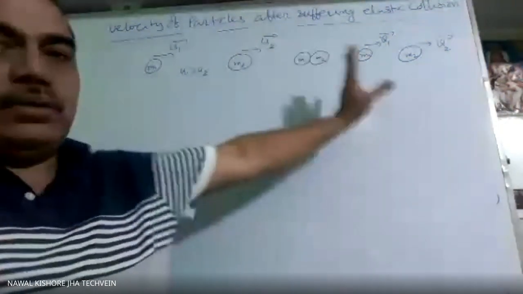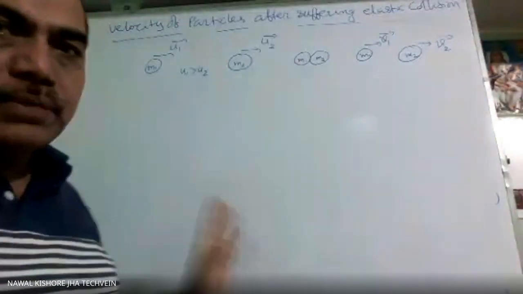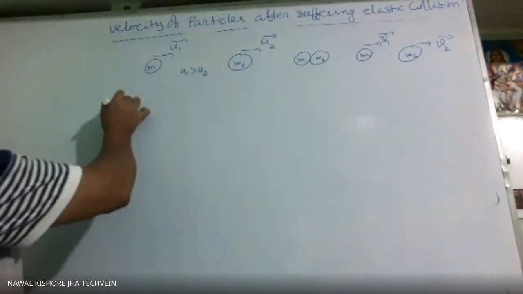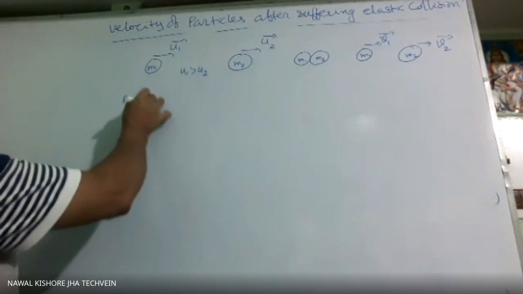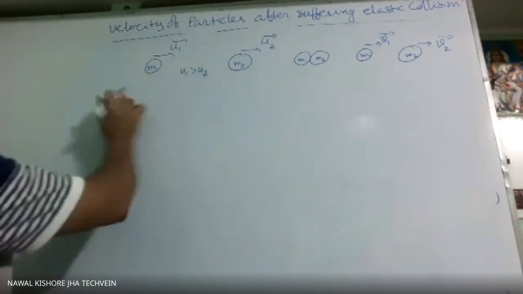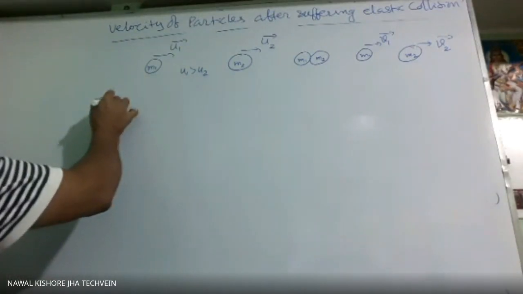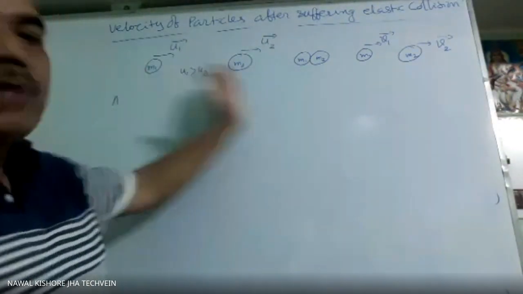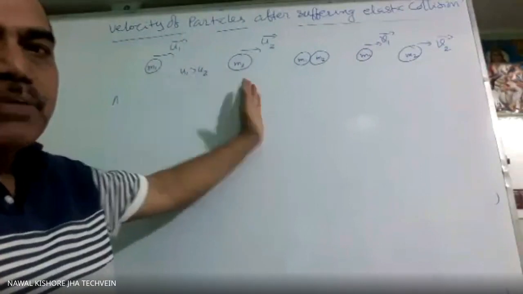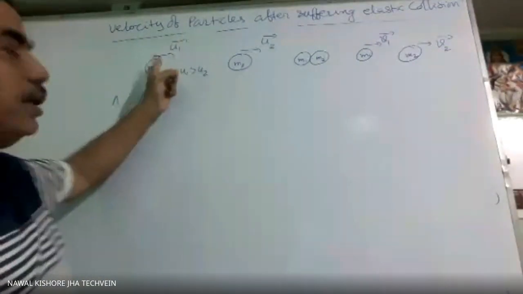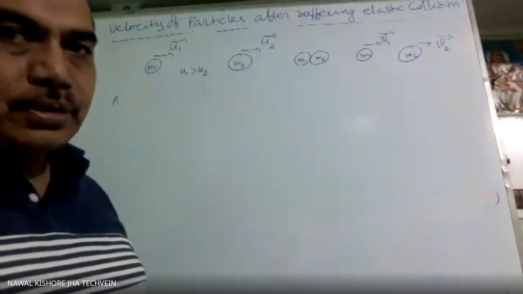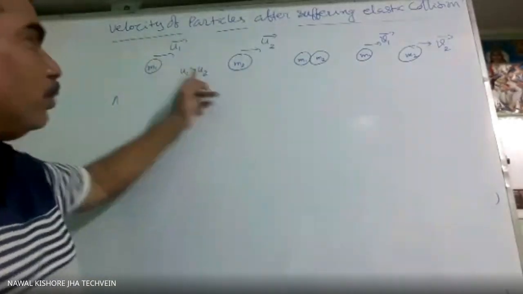So one law, the law of conservation, is valid. Applying the law of conservation of linear momentum, if you are asked for a derivation, then we will say: let us consider two particles m1 and m2 moving with velocities u1 and u2 in the same direction, u1 more than u2.